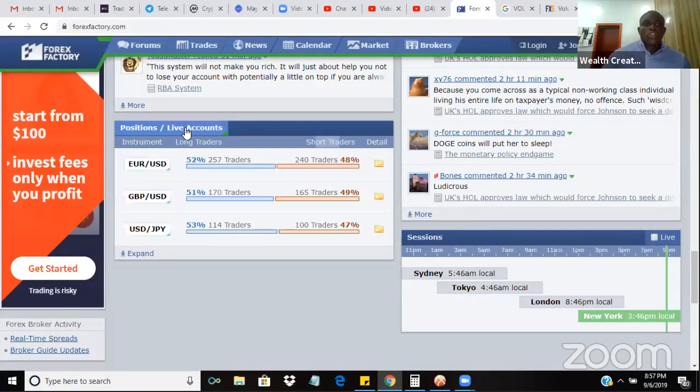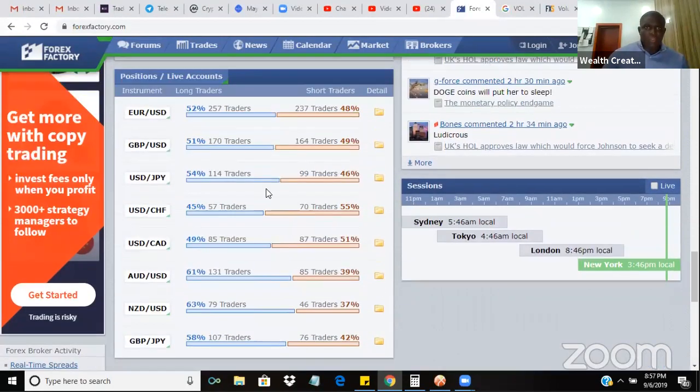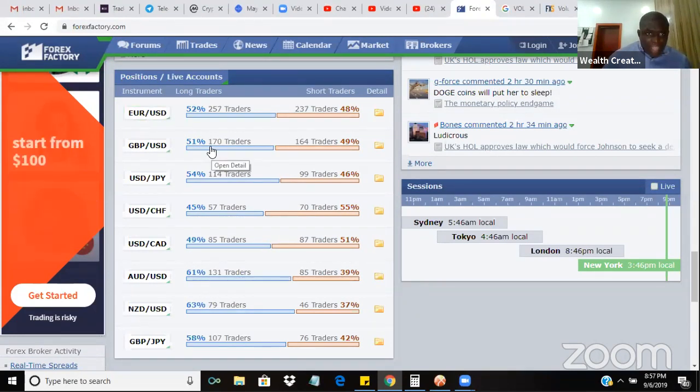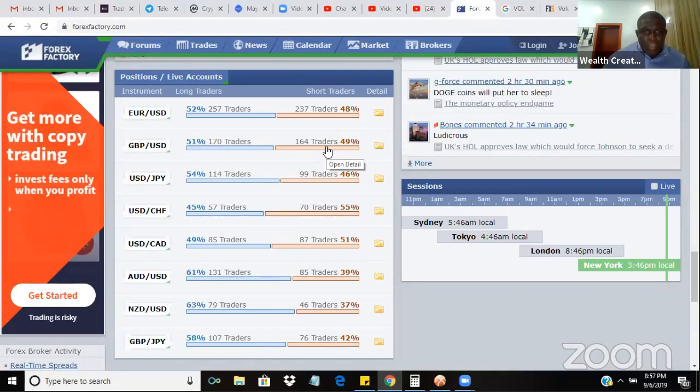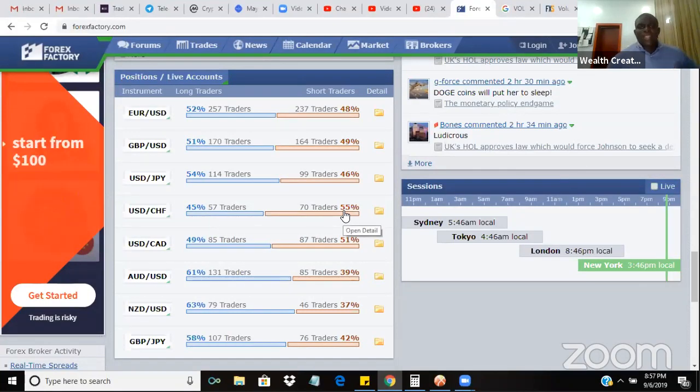So you can scroll down here and see instrument, long traders, short traders. You can see position on live account, GBP. A lot of people are buying GBP, and 164 people are selling. USD, 57 traders are buying, 70 traders are selling.